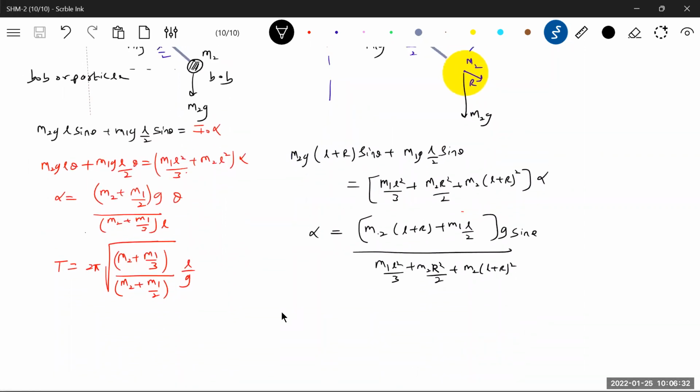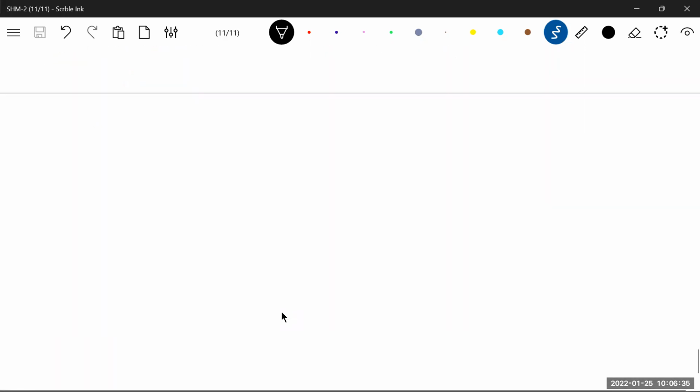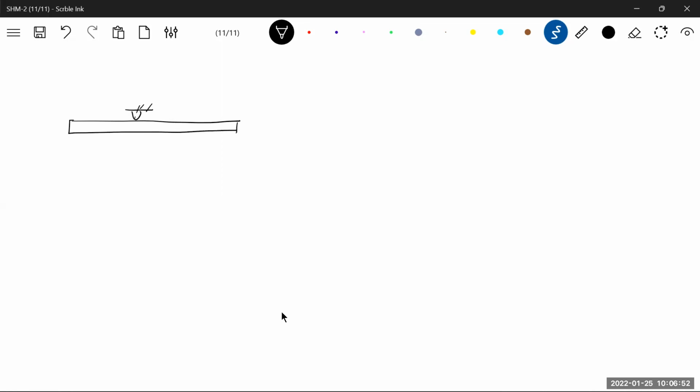What happens if the pendulum is suspended about the center of mass itself? What conditions will arise? The compound pendulum, I'm suspending it about the center of mass. Then what will be the time period of oscillations?